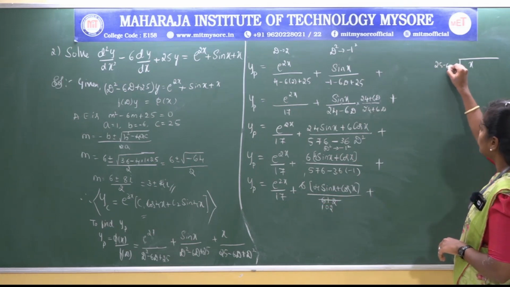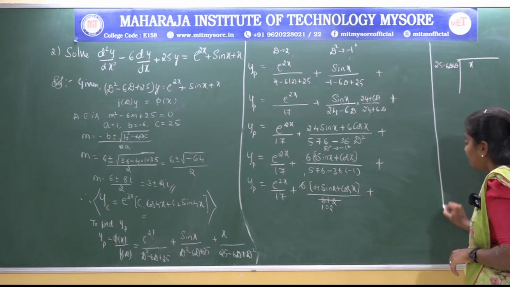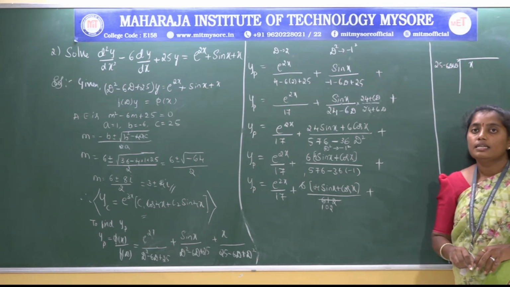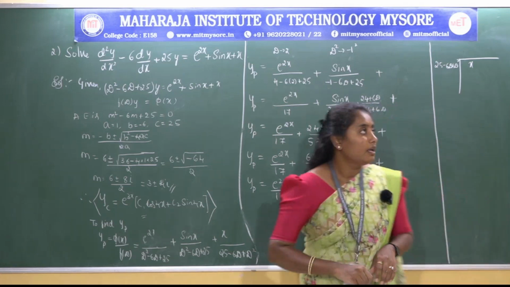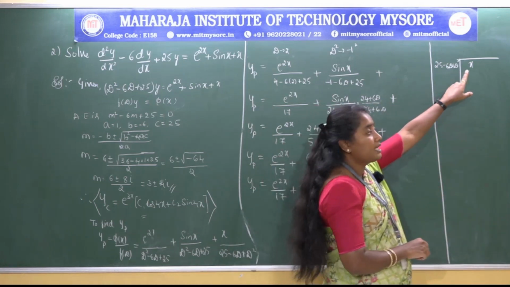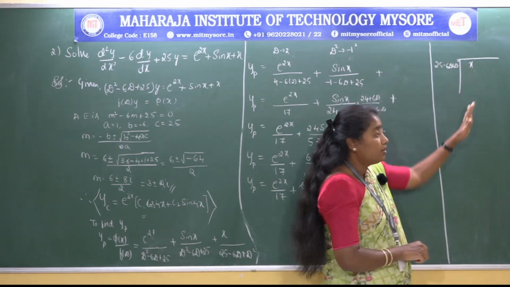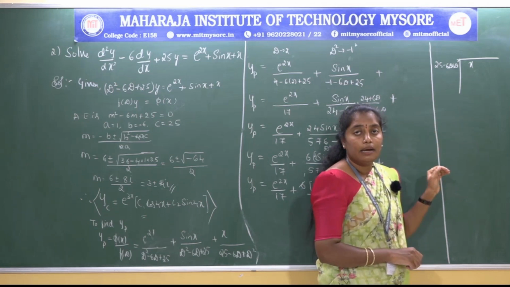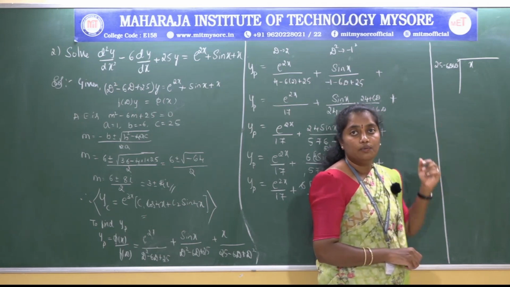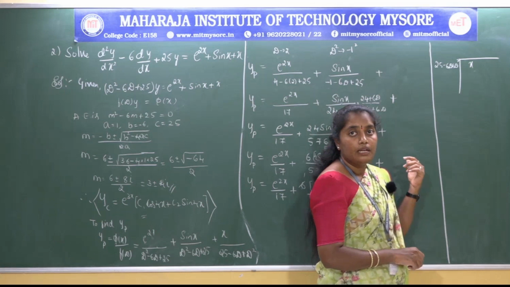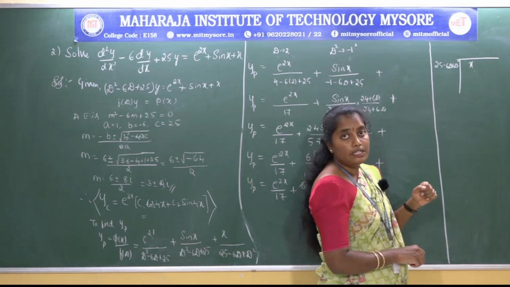We have to divide x by 25 minus 6d plus d square. We have to divide by this term, 25 minus 6d plus d square. To divide this, we have only the x element here. We have to divide this till we get a 0 remainder. Then the resultant quotient will be the yp of the last term. To divide this, what is the value of the first quotient?